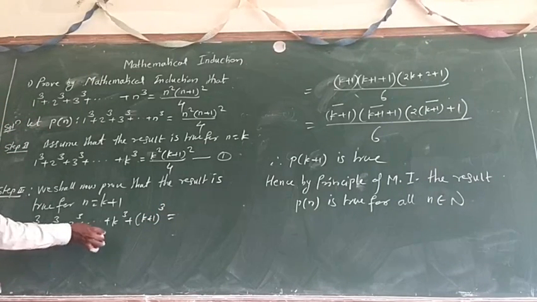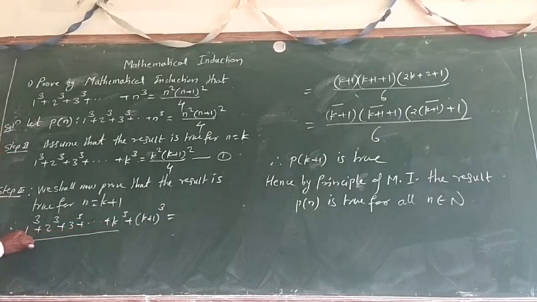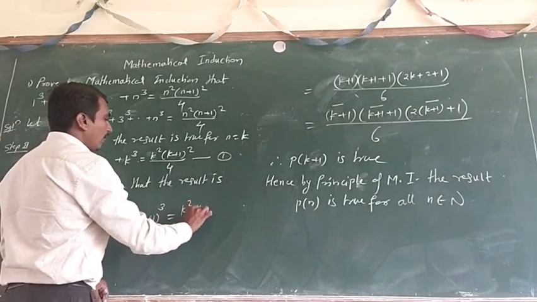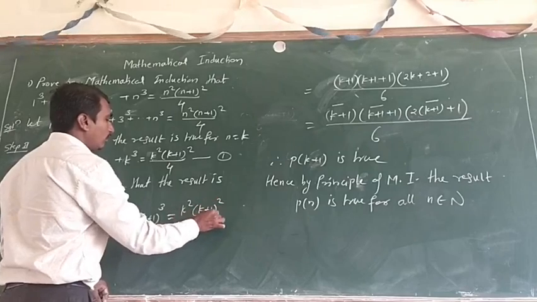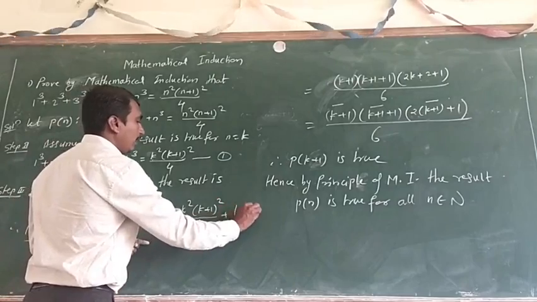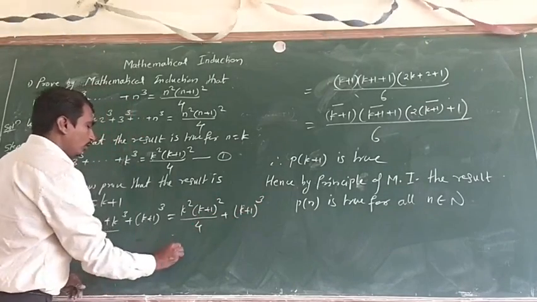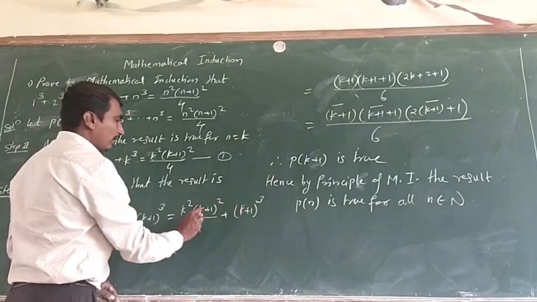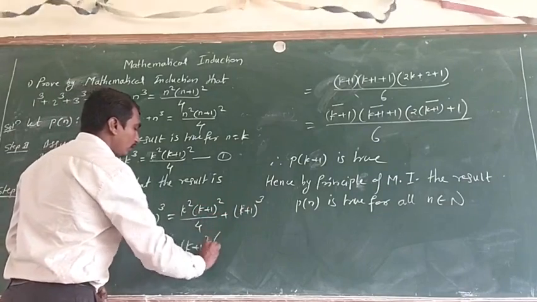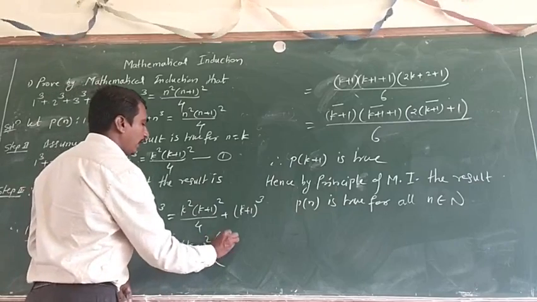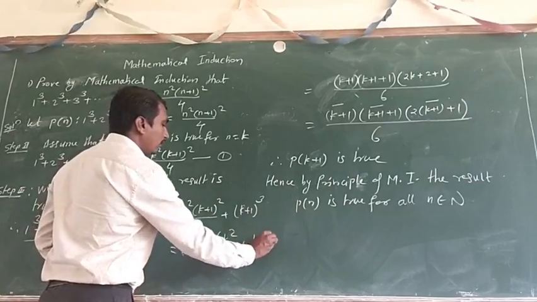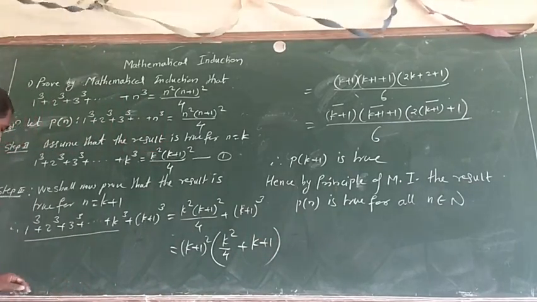is equal to, now here first, up to 1 cube to k cube, the term is k square into bracket k plus 1 square by 4, plus this (k plus 1) cube. From both the terms, (k plus 1) square is common, taken outside. (k plus 1) square into bracket, we are left with k square by 4 plus k plus 1.